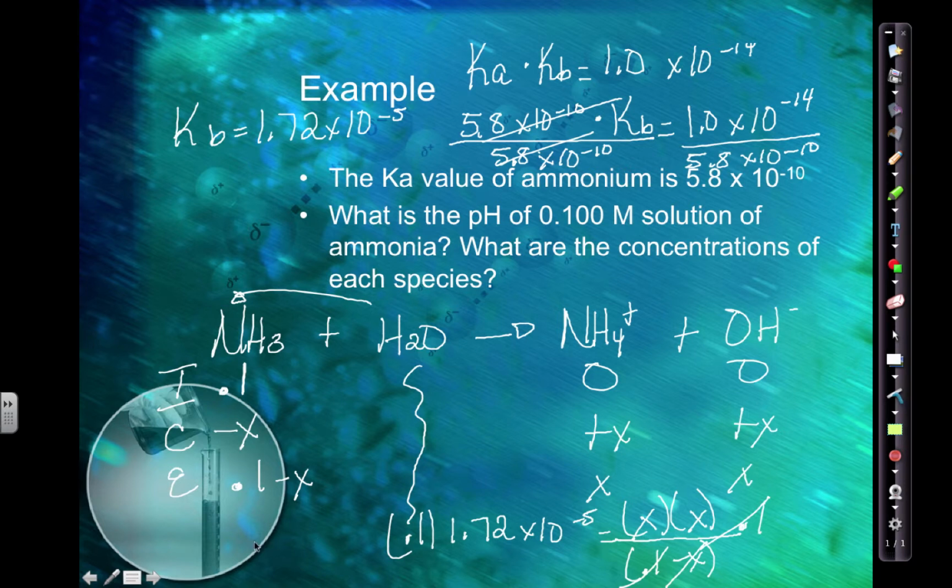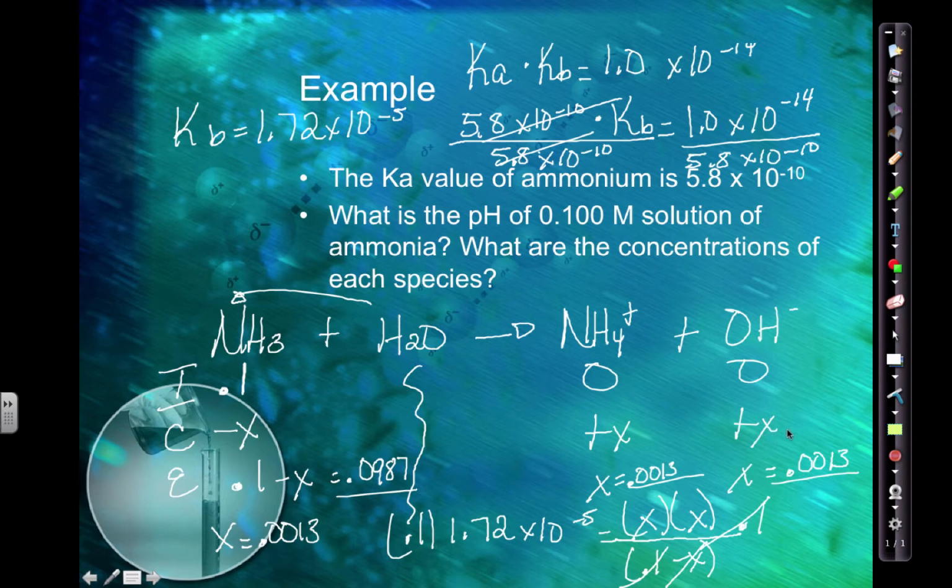And I should get, for x, 0.0013. So the concentration of ammonium is 0.0013, and it's the same for hydroxide. And for ammonia, it's 0.1 minus 0.0013, or 0.0987. So now we have the concentration of each species, but I also need the pH.